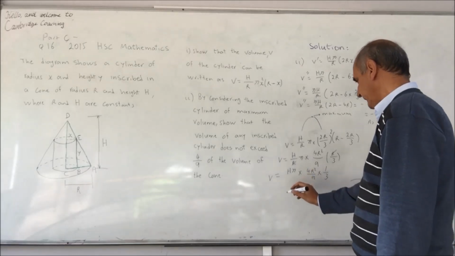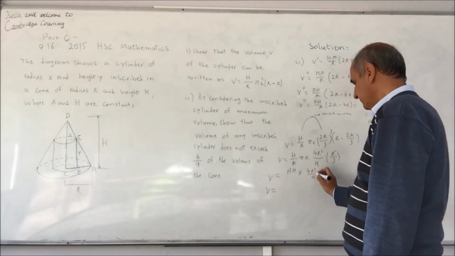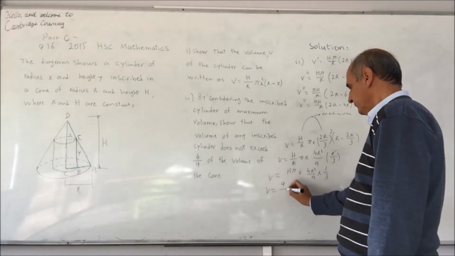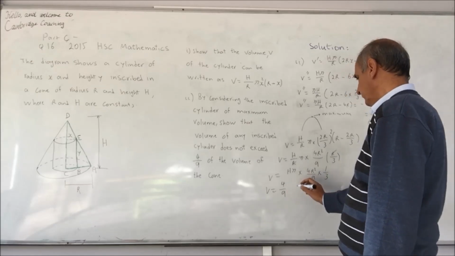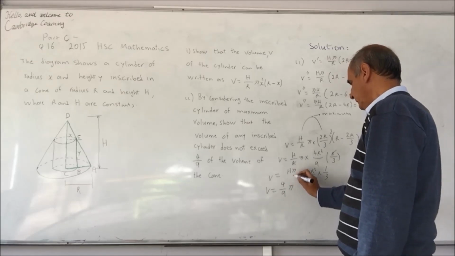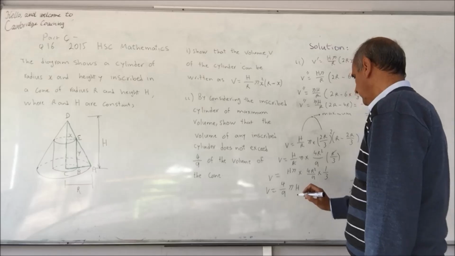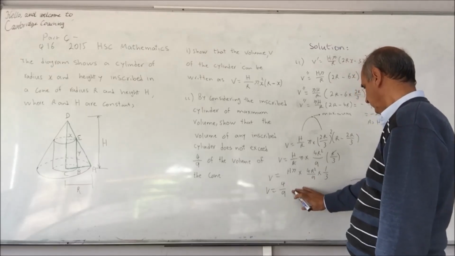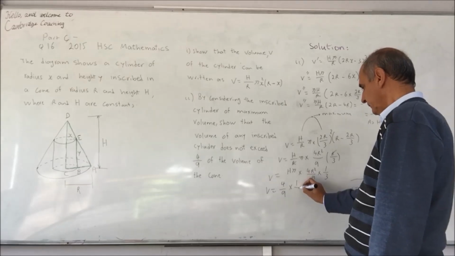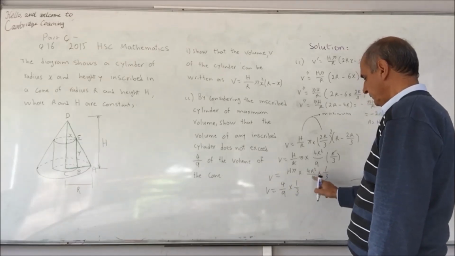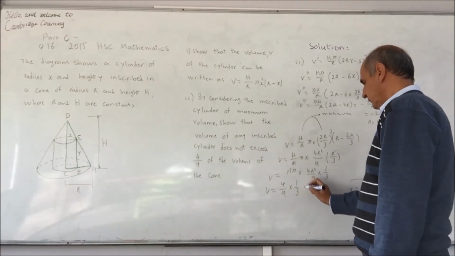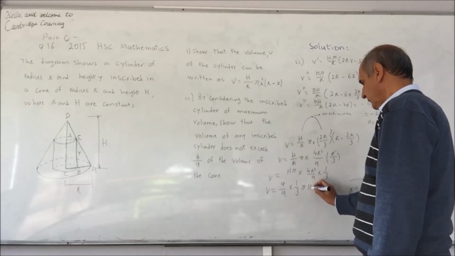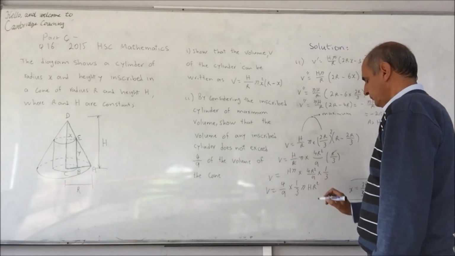Okay, and I'm rearranging this a tiny bit. I'm just bringing 4/9 to the front, so then you get pi, you get h, and I can also put 1/3 at the front. So 4 on 9 times 1/3 times pi h r squared.